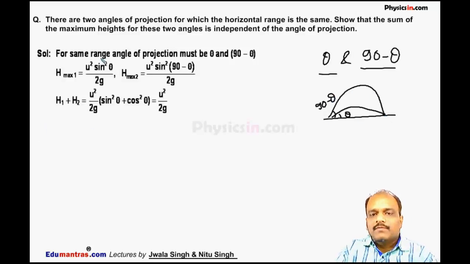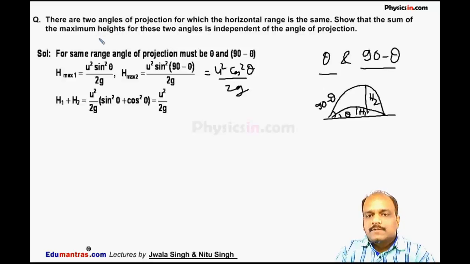So maximum height in first case is u square sin square theta by 2g, and this is h1. In second case this is h2. The maximum height in second case is u square sin square 90 minus theta by 2g, so this is equal to u square cos square theta by 2g.